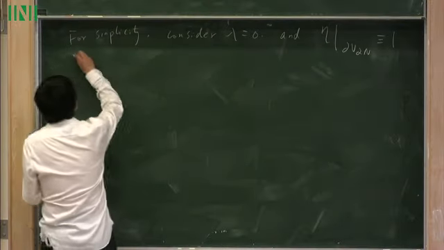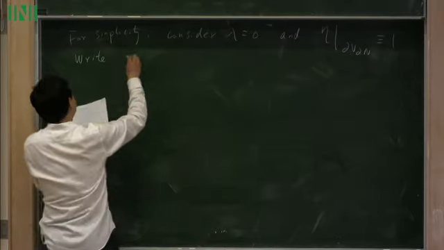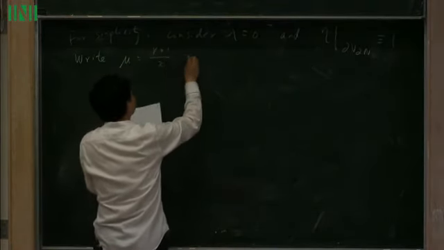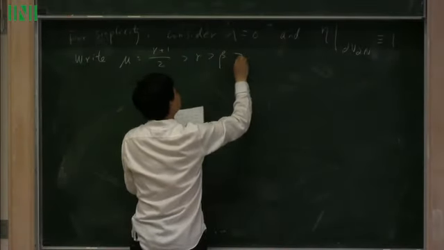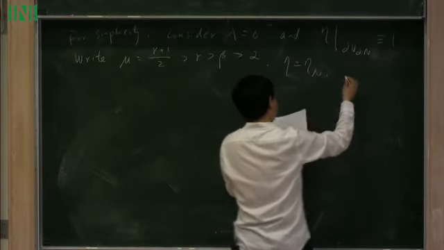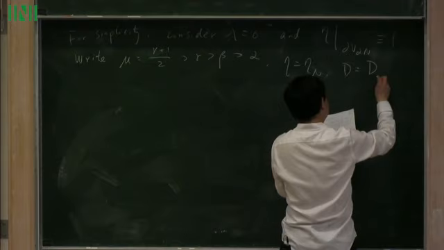And let's also have a few notations. Let's write mu equal to (gamma plus 1) over 2. So this is larger than gamma, larger than beta, larger than alpha. And let's drop the subscript of n in the notation, and also just use d for the distance.